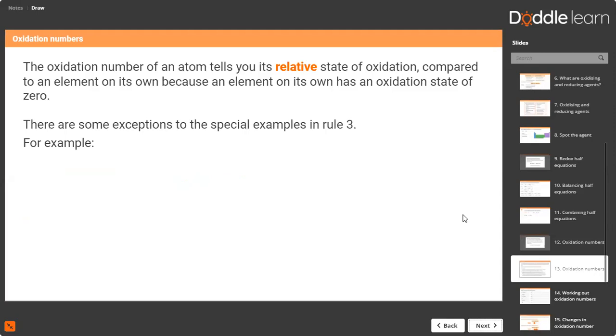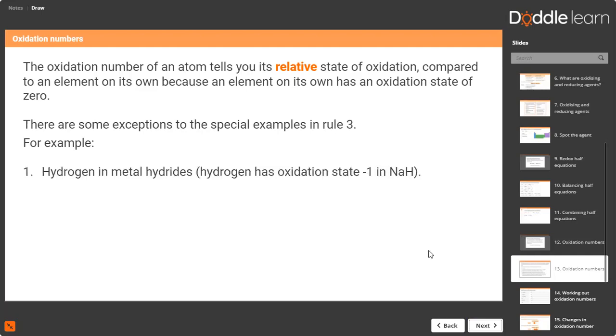Again, there are some exceptions to the special examples in Rule 3. So for example, hydrogen in metal hydrides. In metal hydrides, the hydrogen has an oxidation state of -1, in NaH, where it would normally have an oxidation state of +1.